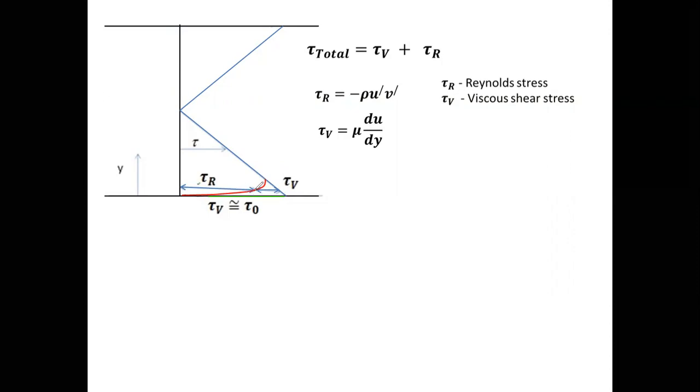Then as we go from the pipe wall toward the pipe axis, the effect of tau r becomes significant and the effect of tau v decreases. At the pipe wall, tau naught, the wall shear stress, is almost entirely due to the laminar or viscous effect, right?